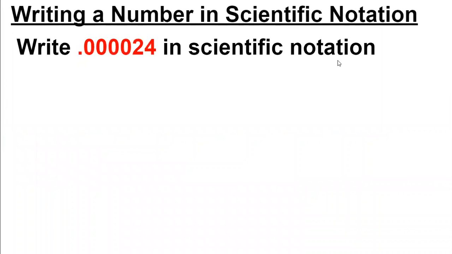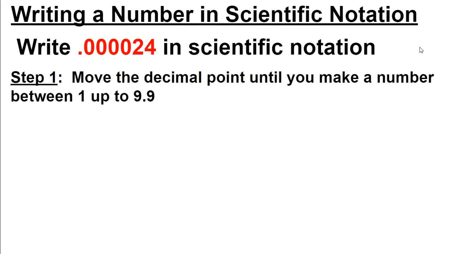Okay, writing a number in scientific notation. So we're going to write 0.000024 in scientific notation. That is tens, hundreds, thousands, 10,000s, 100,000s, millions. That's 24 millionths. So step 1 is to move the decimal point until you make a number between 1 and up to 9.9 or 9.99, just as long as it's less than 10. So it's the same as we did with positive powers of 10, except we're going to go the other direction.